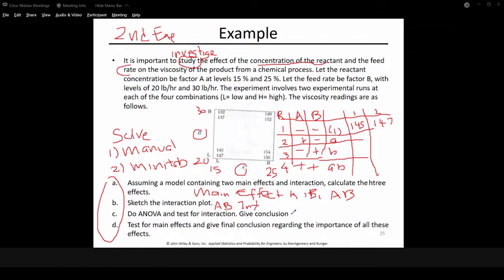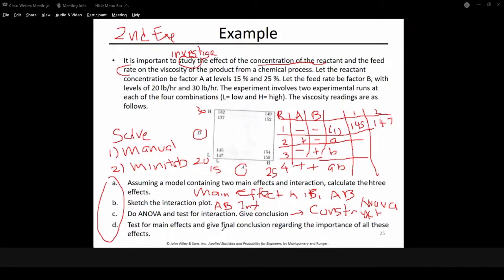Construct the ANOVA table. And this one is interpretation. D is the interpretation of the test by effect, the final conclusion.